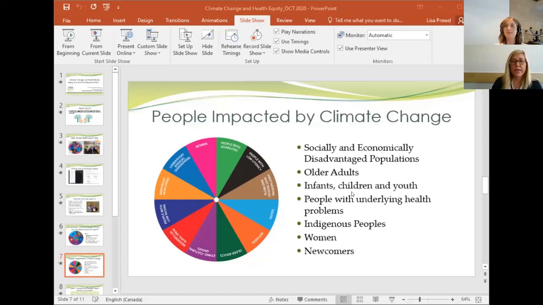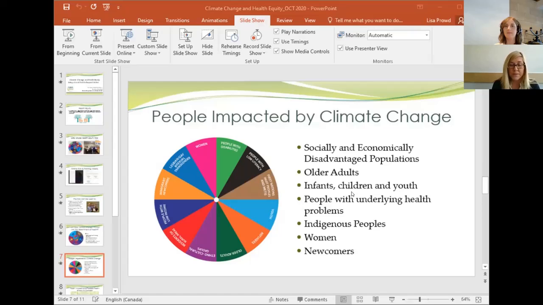So who is impacted by climate change? Well, we know that climate change can harm the health of everyone, but we also know that the health effects have a disproportionate impact on disadvantaged populations, often exacerbating inequities that already exist. So the outer part of the tool identifies some of the vulnerable populations who are at increased risk of being affected by the anticipated effects of climate change.